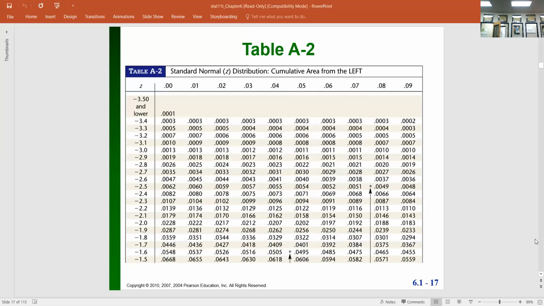Find the percentage of women meeting the height requirement. Women's heights, we look at the top of the page, just above question number 21. Women's heights are normally distributed with a mean of 63.6 inches and a standard deviation of 2.5 inches.